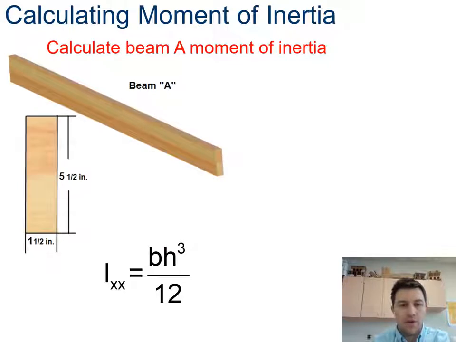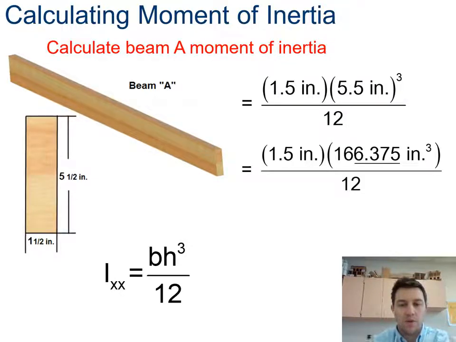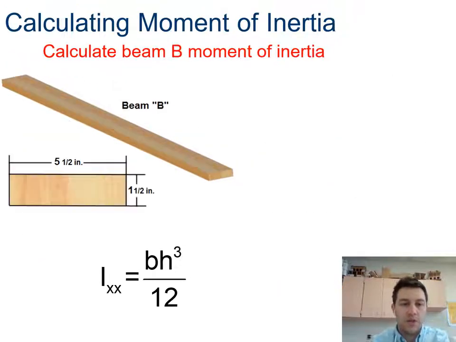If I look at beam A, where it's vertical, my base is 1.5 and my height is 5.5, so 5.5 cubed times 1.5, all divided by 12, gives me a moment of inertia of 21 inches to the fourth. When I flip the beam and it's laying on its side, now my base is 5.5 inches and my height is only 1.5 inches.